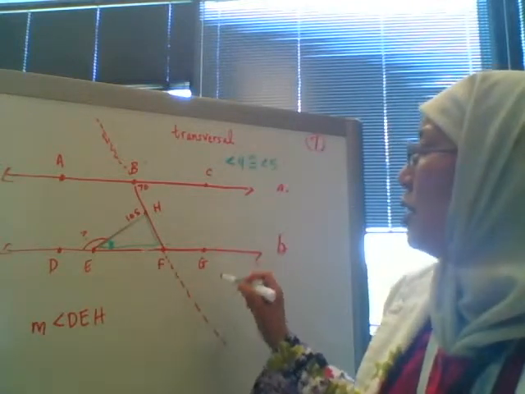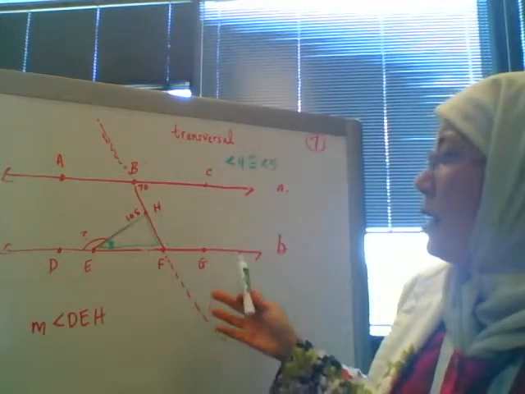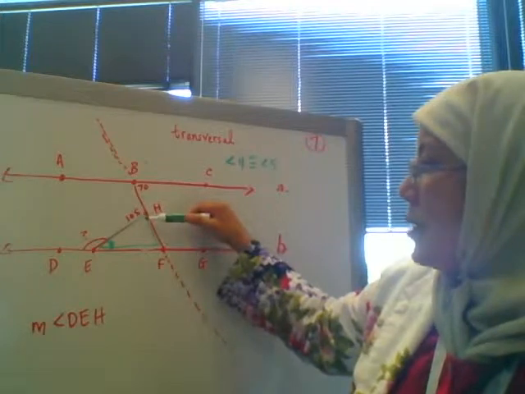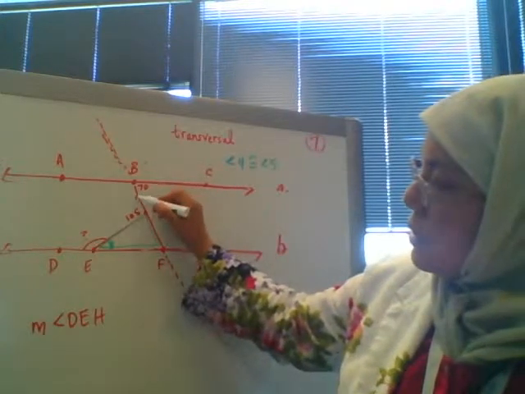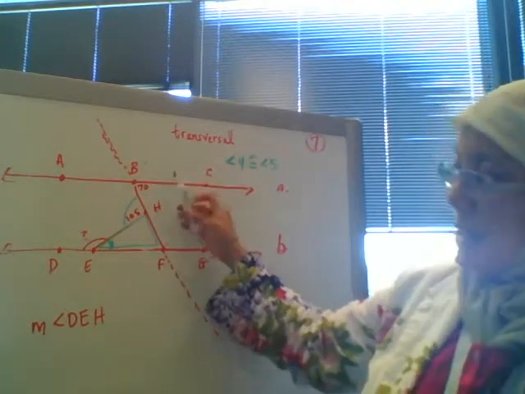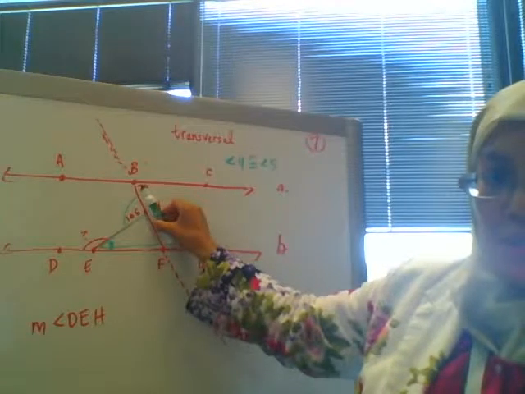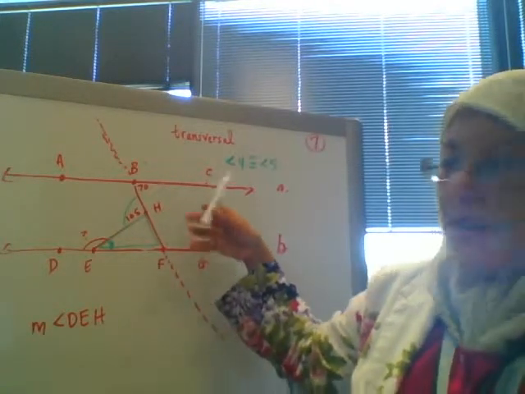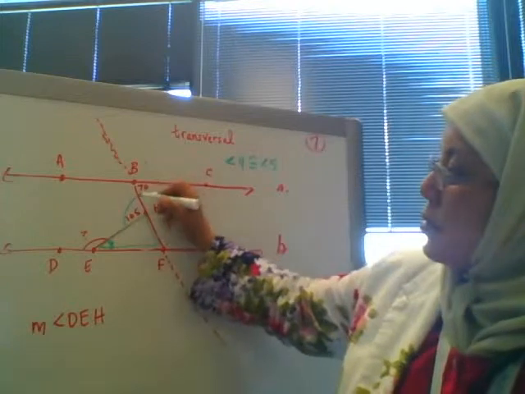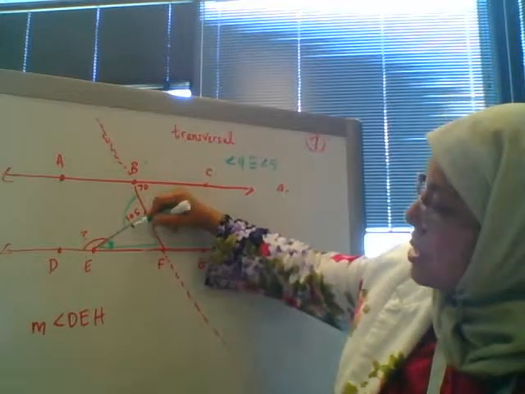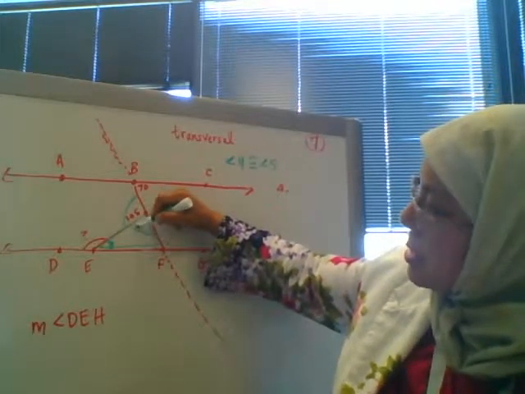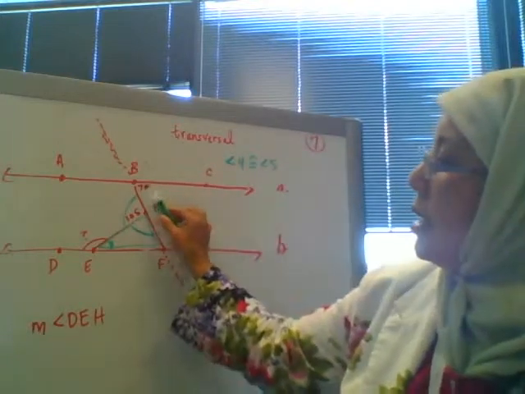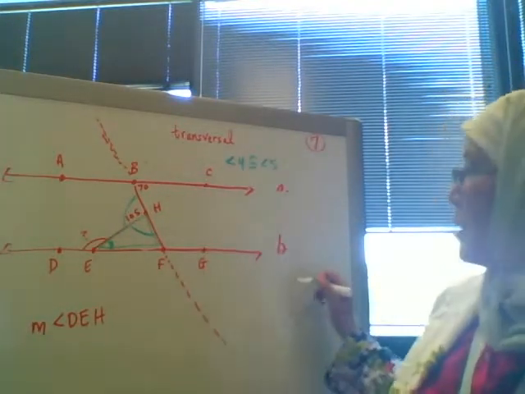So what do we know? We see here this is 105, but it's on a line. Given the supplementary angle theorem, if this is 105, then the angle connecting it to this line has to be 180 minus 105.